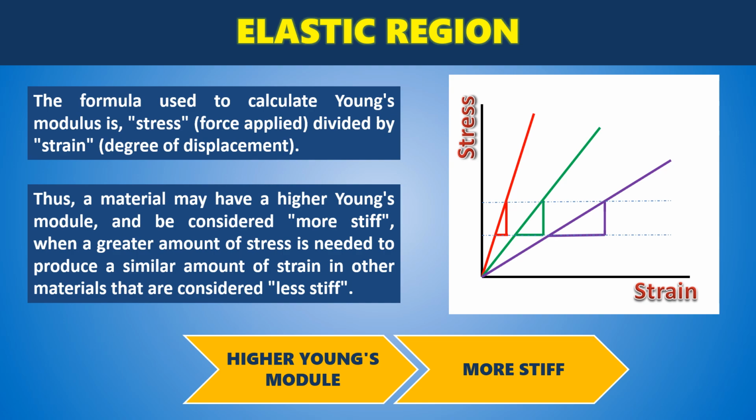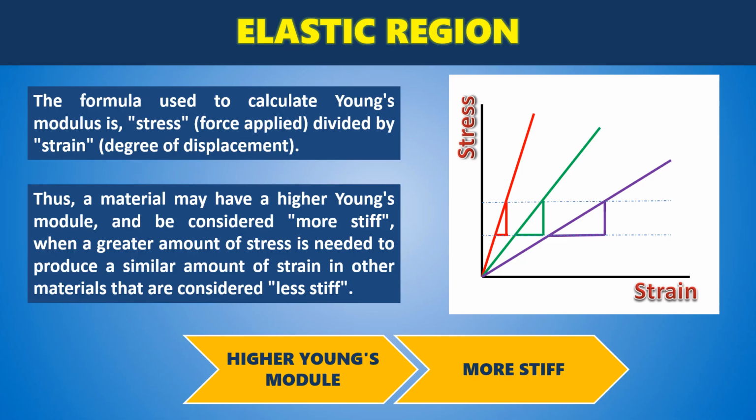So materials which have a high Young's modulus of elasticity are stiff materials, while materials which have a small Young's modulus of elasticity are flexible materials.